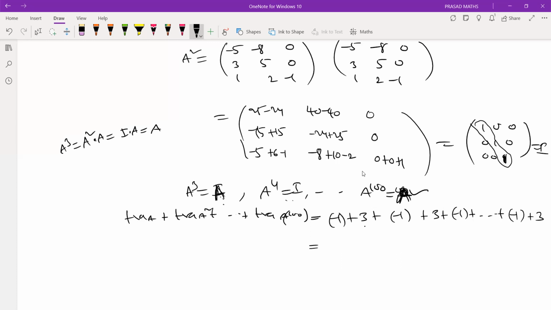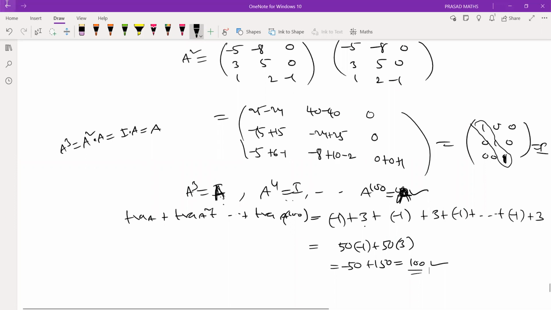Exactly half of the terms are 50. Therefore, 50 into -1 plus 50 into 3, that is -50 plus 150, which is 100. Is it clear?